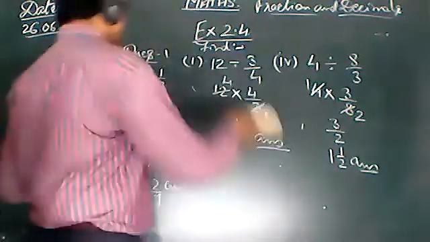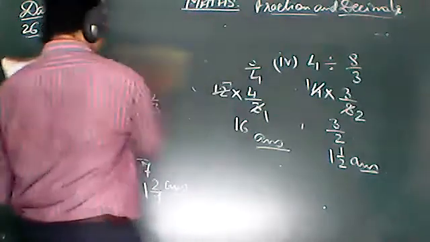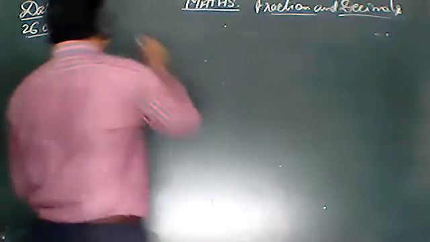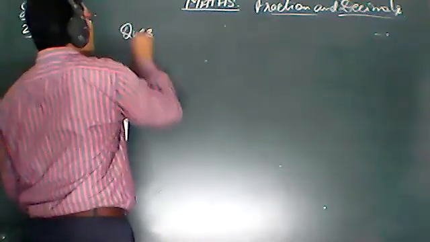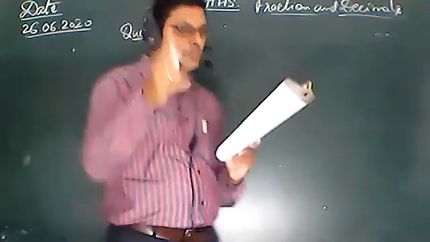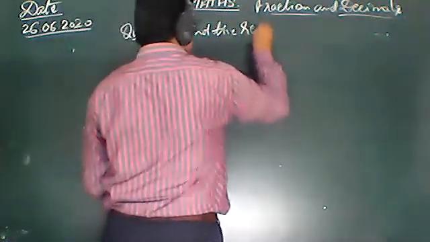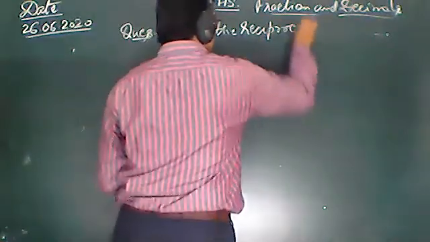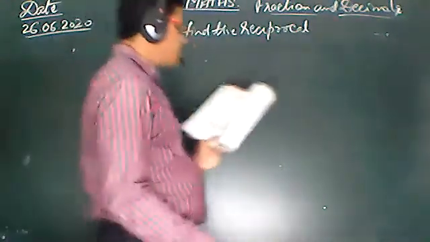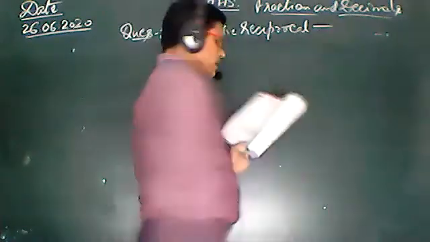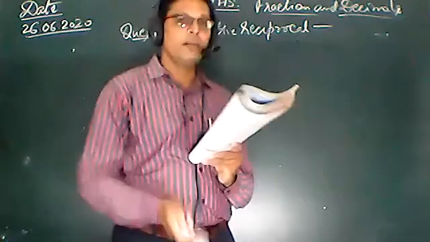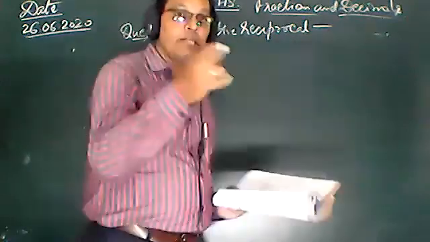Now the other parts of this question you have done in your homework copy. Now we go to the next question. Question number 2. Find the reciprocal of each of the following fractions and classify the reciprocal as proper fraction, improper fraction, or whole number.